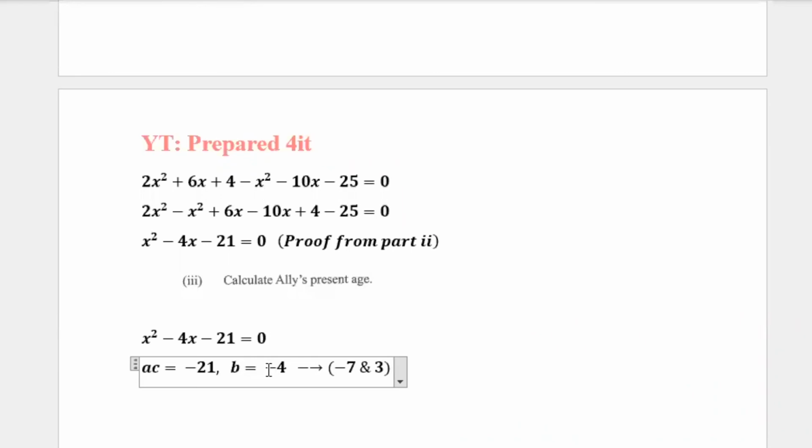So you allow the 7 to be negative and the 3 to be positive. These are the numbers that we'll use to replace our middle term. So what we'll have is x squared minus 7x plus 3x minus 21 is equal to 0. And now we can go ahead and factorize.